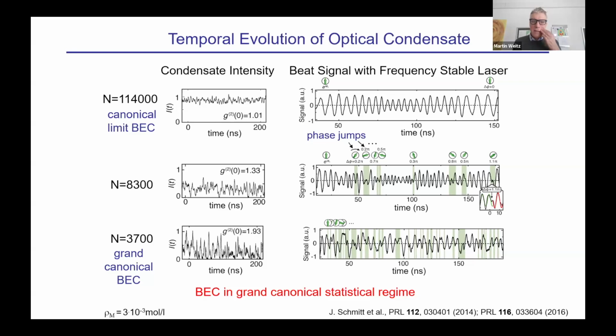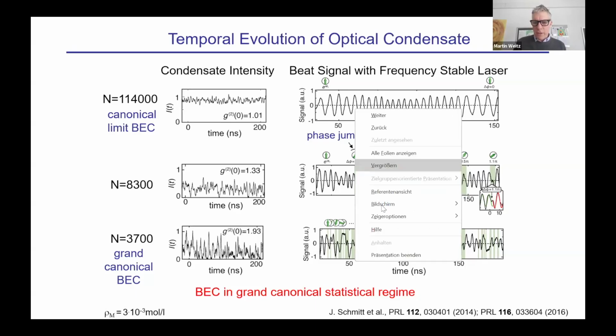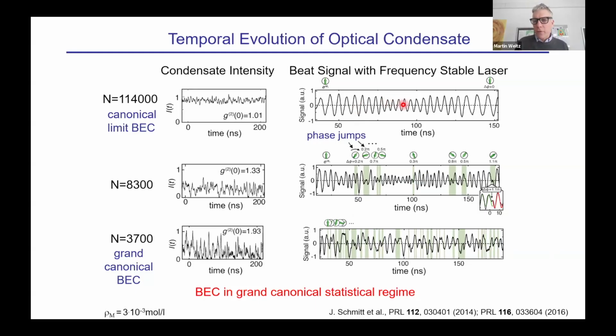Yeah, I mean, this basically shows transversal coherence, which I showed you before, but it also has long-range coherence if you're in the canonical regime. We do have long-range coherence, and also longitudinal coherence.